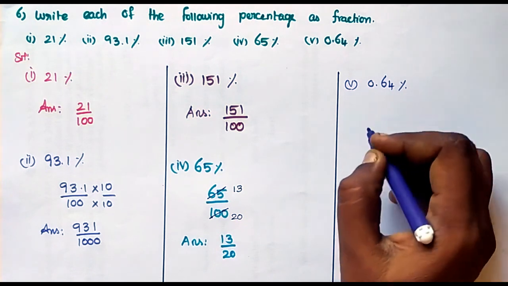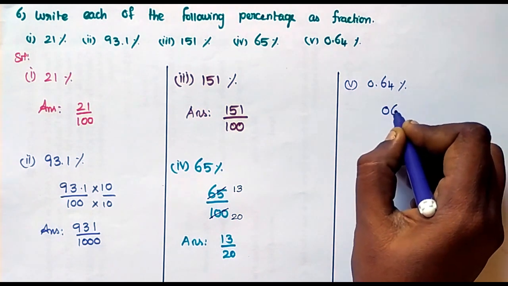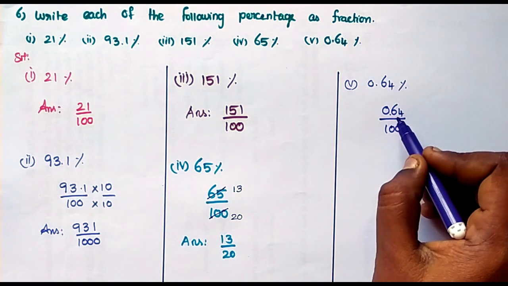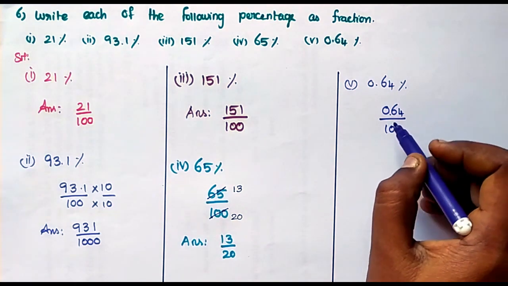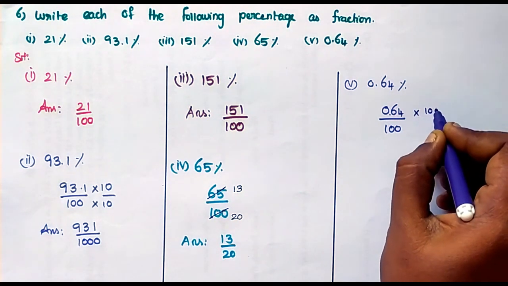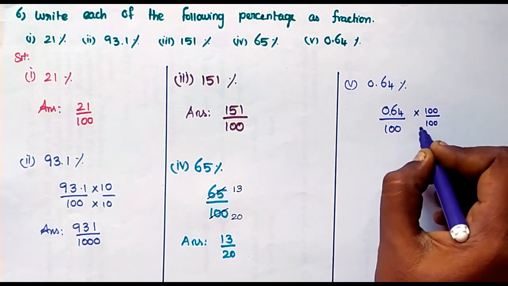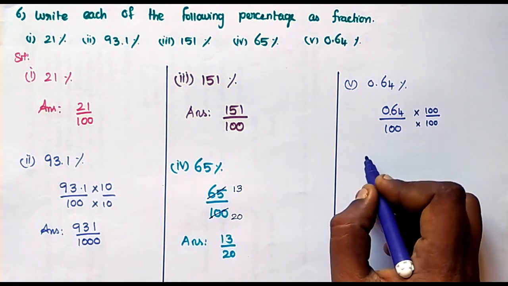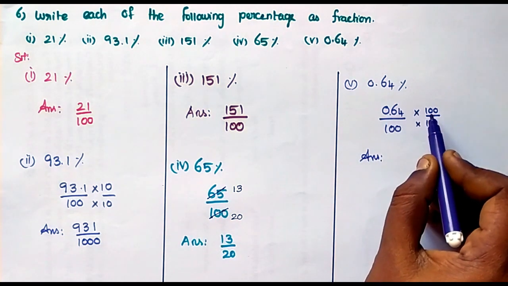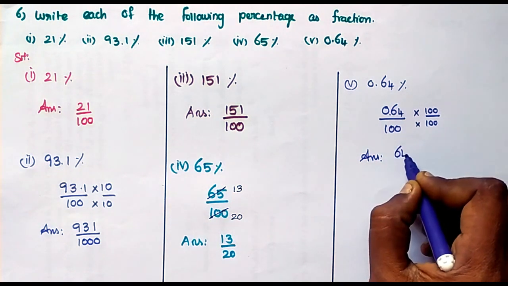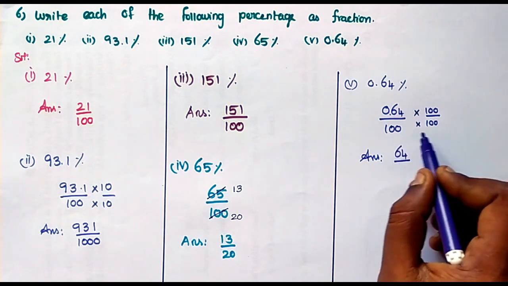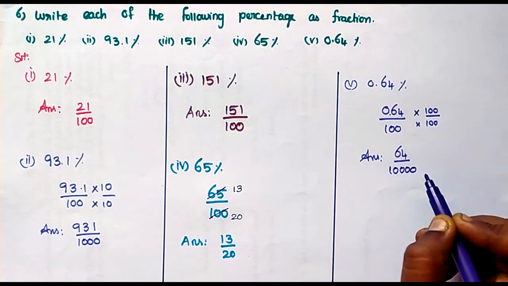Next one, 0.64 percentage. Write down as it is. 0.64 divided by 100. Listen, it is in decimal. After the decimal point, 2 digits are there. So we have to multiply by 100 with both the numerator and denominator. So answer: 0.64 into 100 means 64 divided by 100 into 100, 10,000.